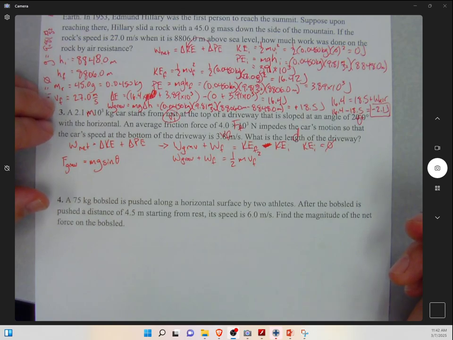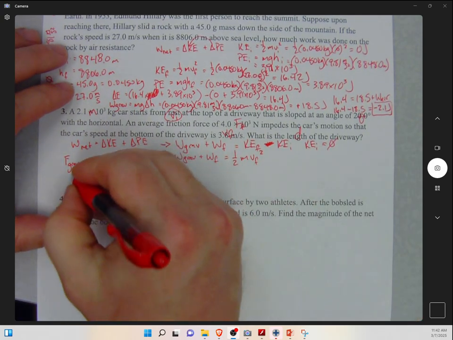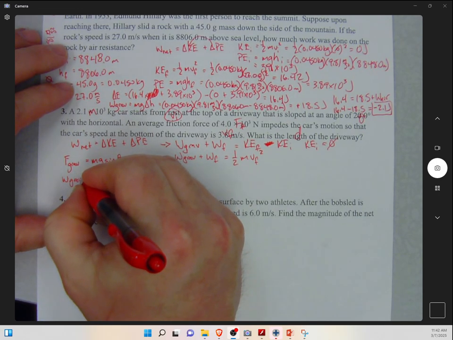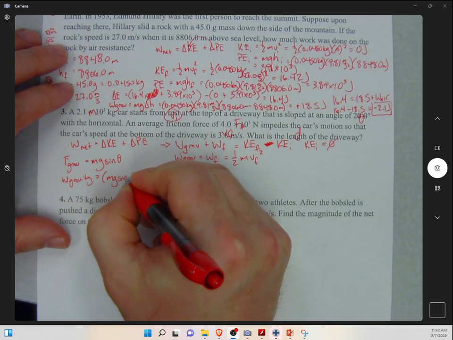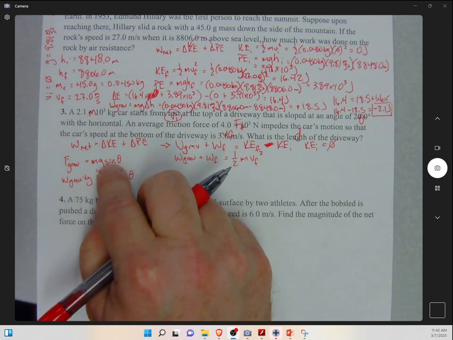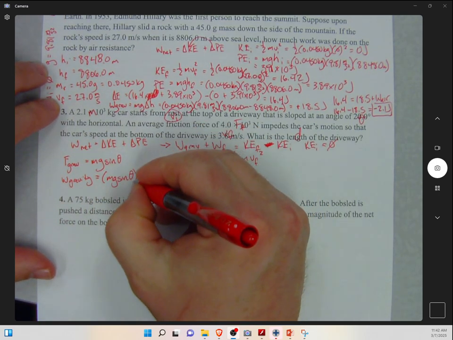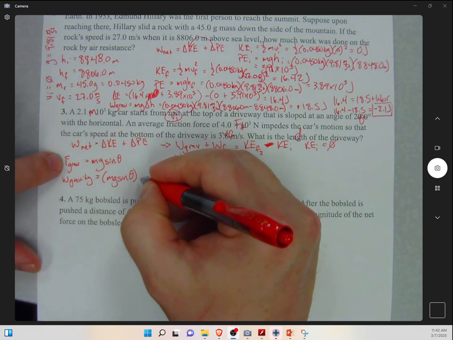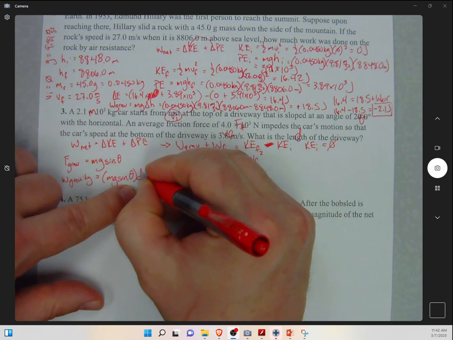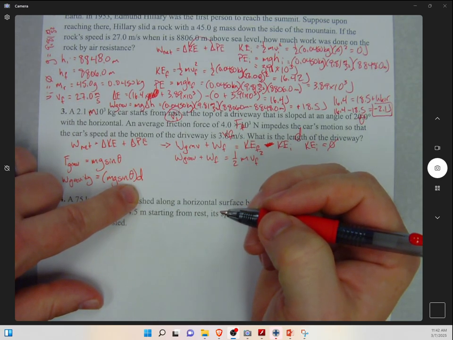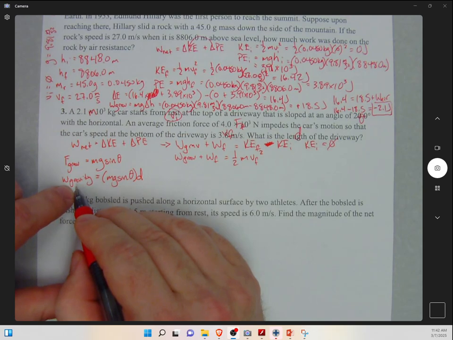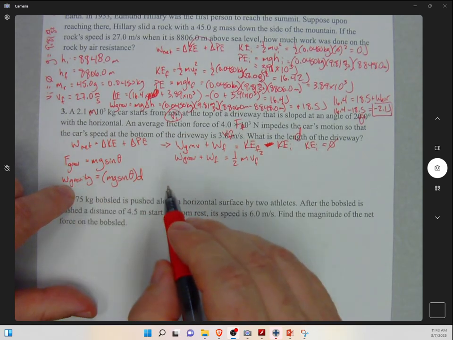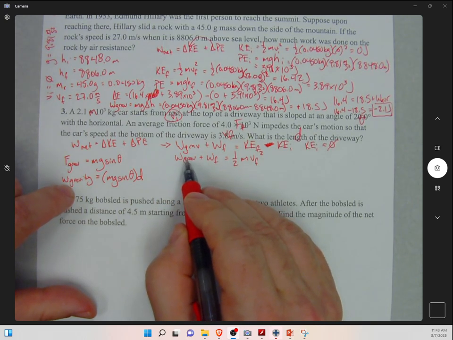And so the work being done by gravity along this distance is going to be equal to, again, this thing. This is a force, right? Force due to gravity. Remember, work is force times displacement, so there's a displacement. So I have an equation that I can substitute now in for work done by gravity, which is what I'm wanting right here.